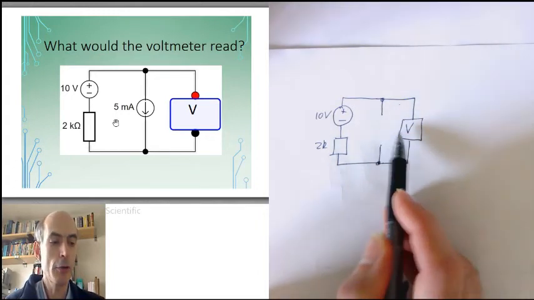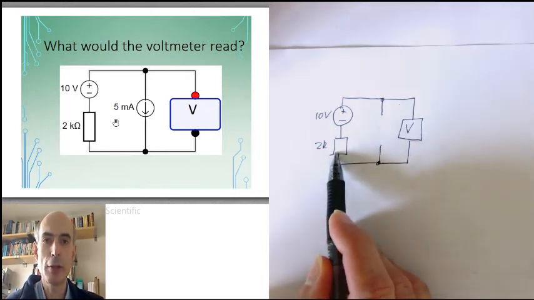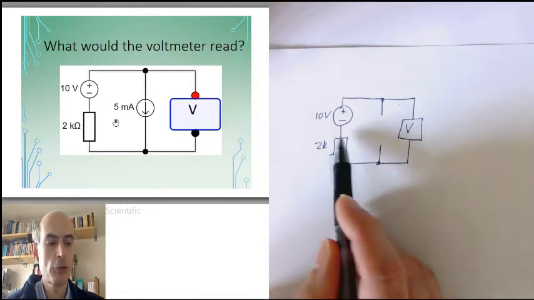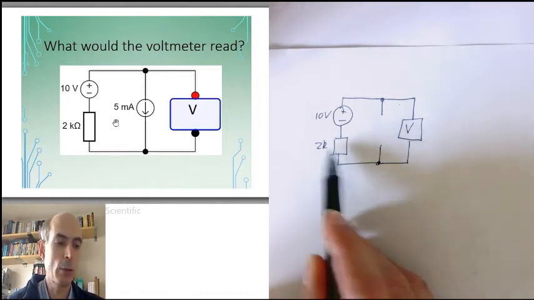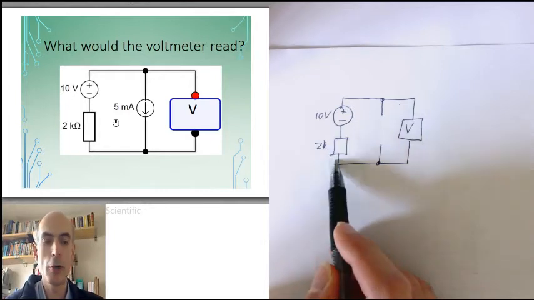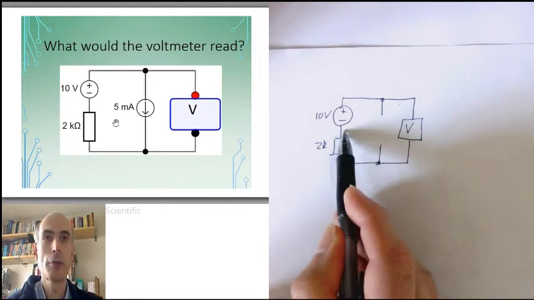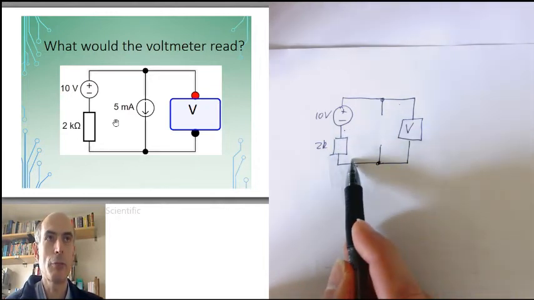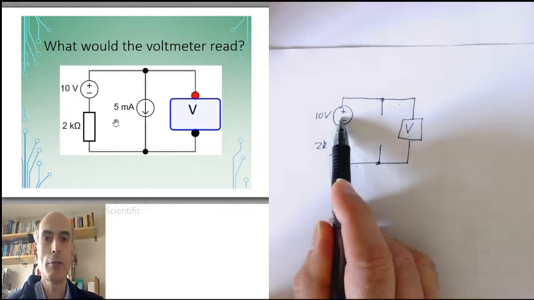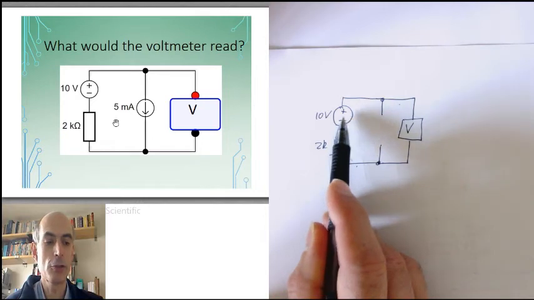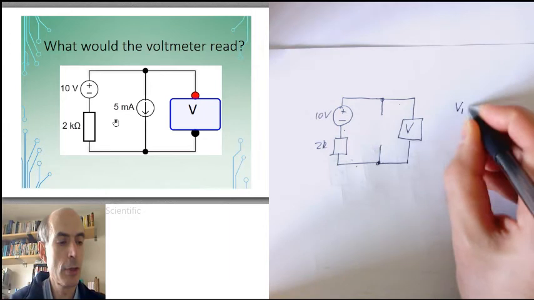If there's no current flowing, there is no voltage drop across this 2K resistor. That's just Ohm's law again. The voltage difference across the resistor is the current through the resistor times the value of the resistance. If there's no current flowing, there will be no voltage drop across the resistor. So this point and this point are at the same voltage, which means the voltmeter is just measuring 10 volts, the voltage directly across the voltage source. So my first contribution to my voltage is 10 volts.